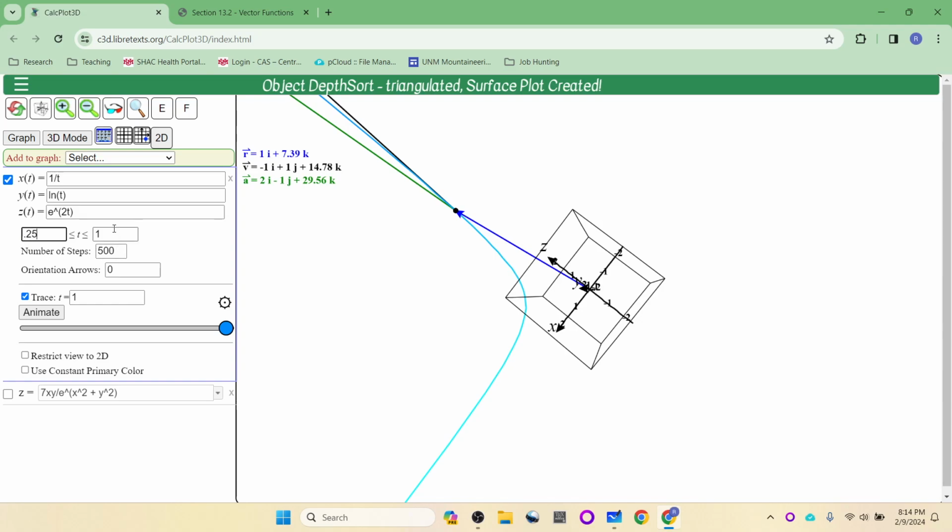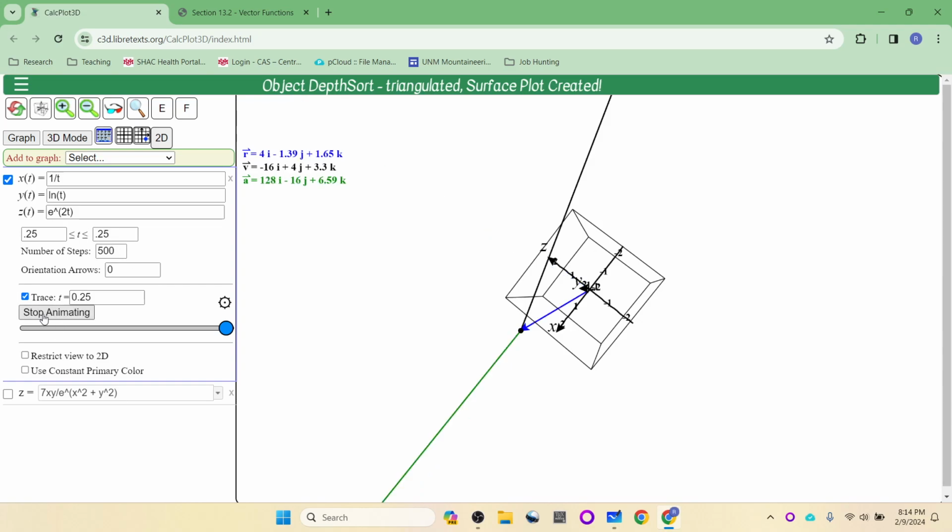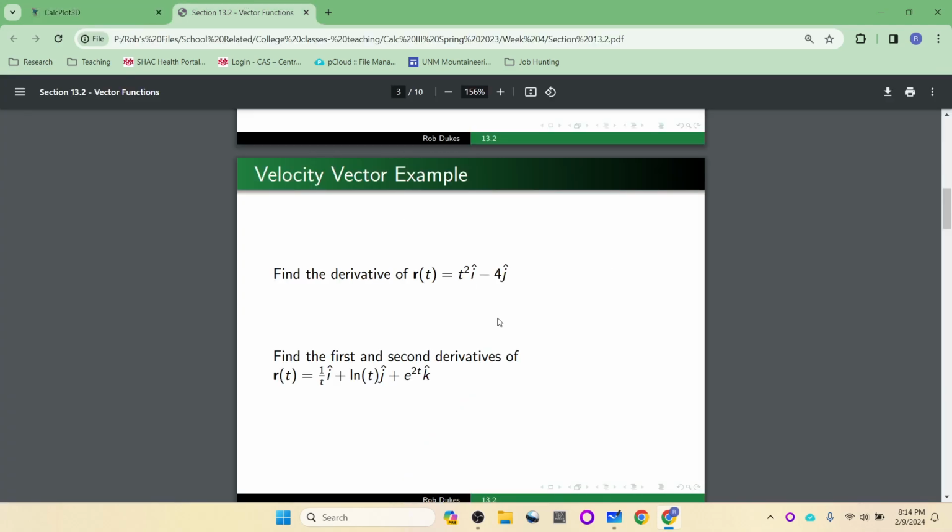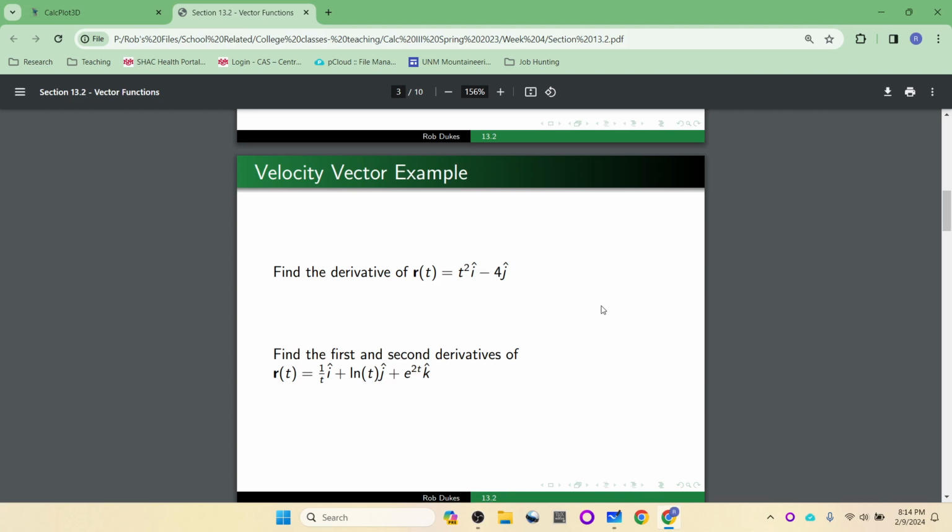Depends on how much you want to zoom in. Maybe that's too small. All right, so I encourage you to play around with this and just see how it works.